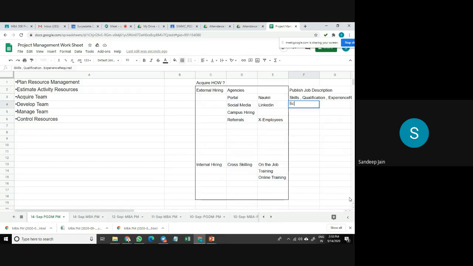And then you do the screening, and then you do the interview, and then you do the offer roll-out, and then it is onboarding, and then there is induction.